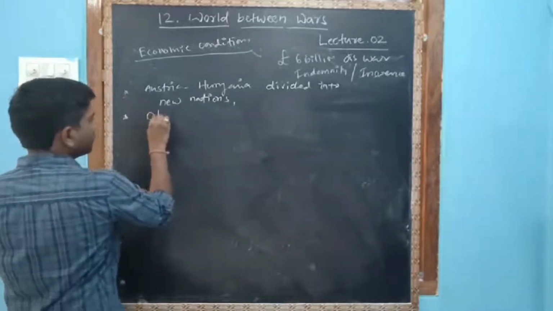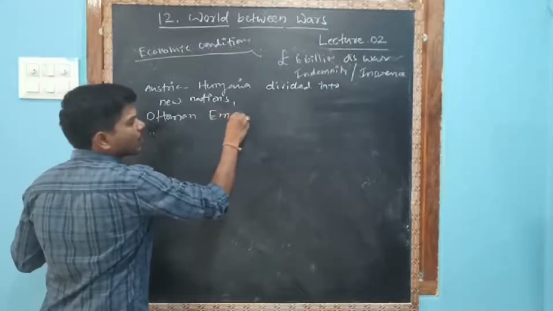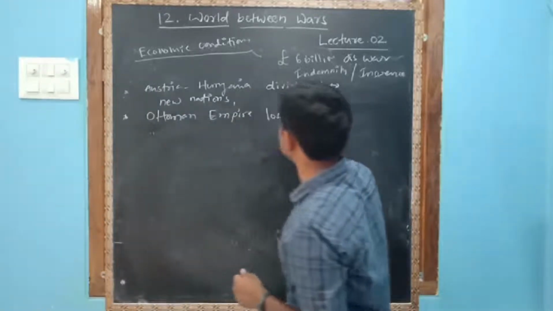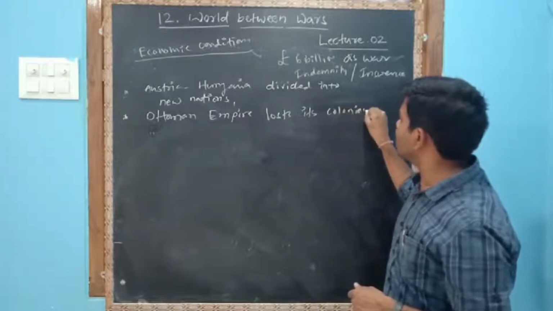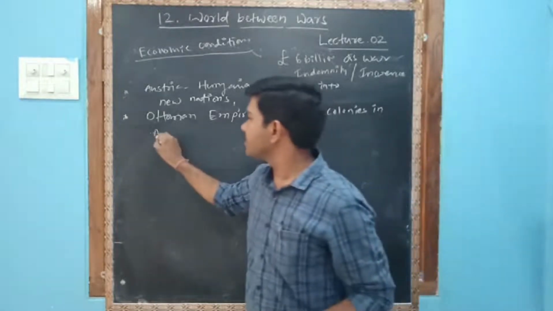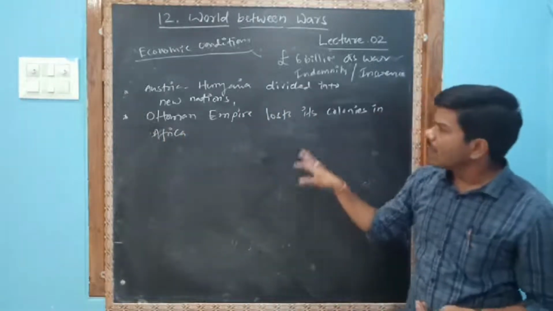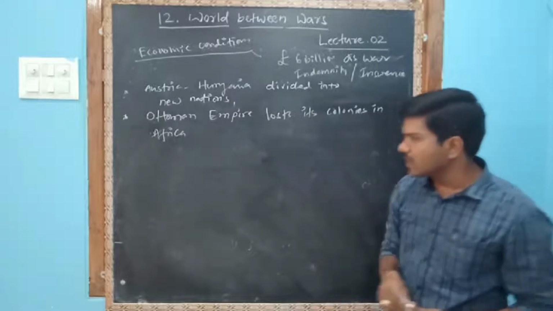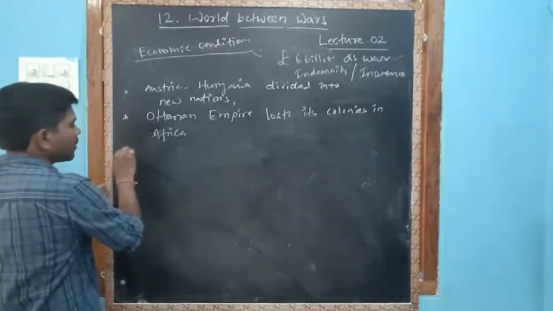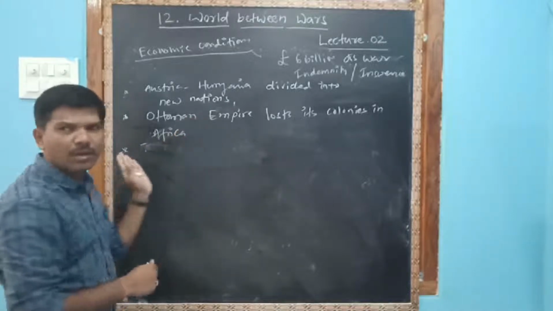Next, Turkey, which we called the Ottoman Empire. The Ottoman Empire lost its colonies in Africa. In Africa also, the Ottoman Turkey Empire lost its colonies. The Ottoman Empire we also know as Turkey.